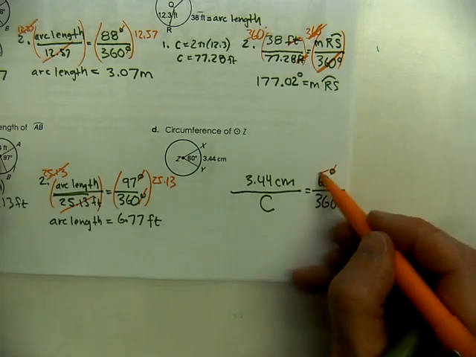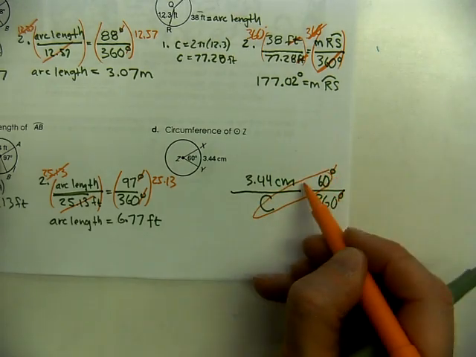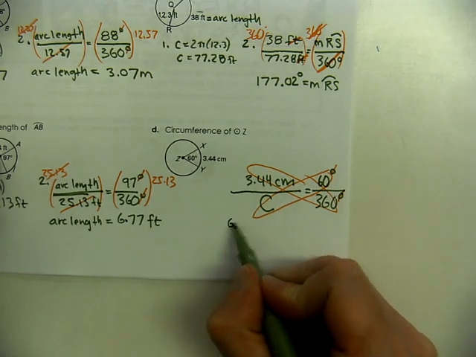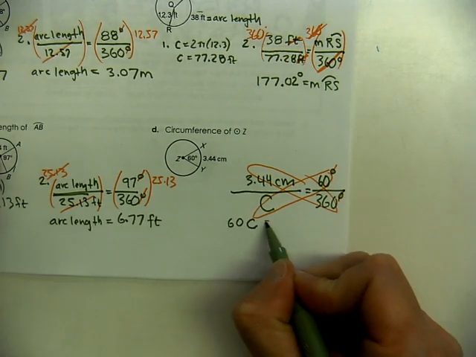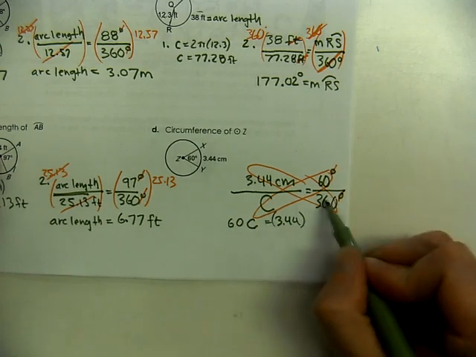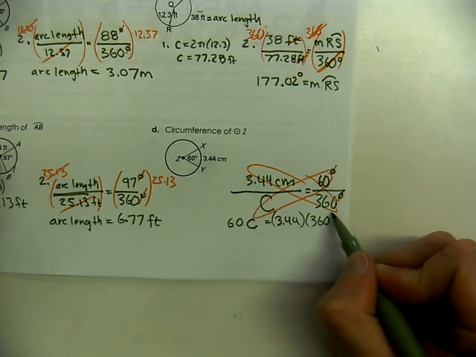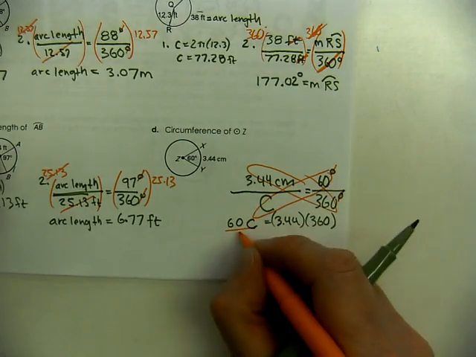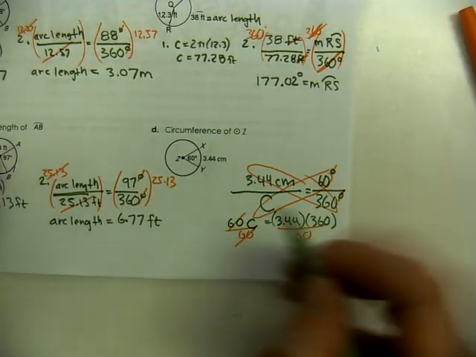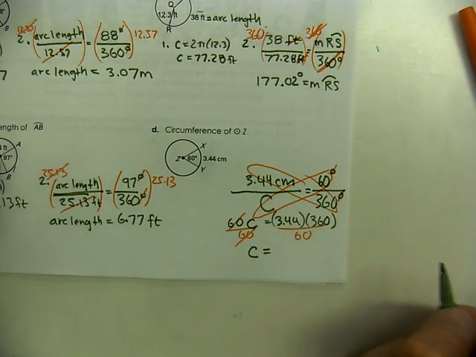Our variable is in the bottom, the denominator, so we need to cross multiply like this. So 60 times the circumference, 60 times C, equals 3.44 times the 360. And then we have to divide both sides by 60 to get the variable by itself. So that's how we calculate the circumference.